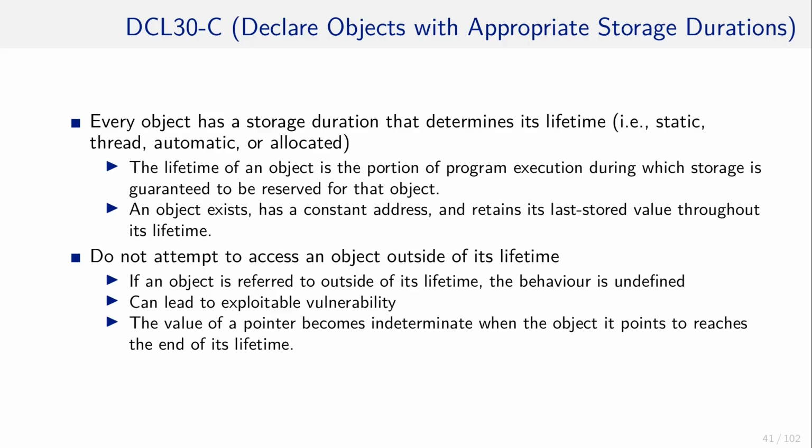In C, it is quite easy to access an object outside of its lifetime, maybe by chance. And the program might still work, however, it is not guaranteed to always work. So it might happen that the program works on one computer, but not on the other one, or it works 4 out of 5 times.